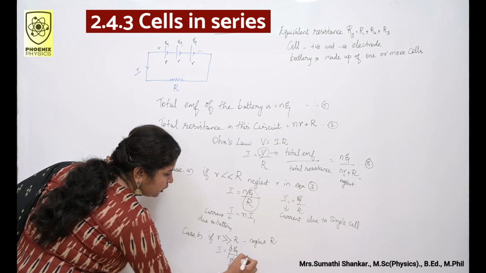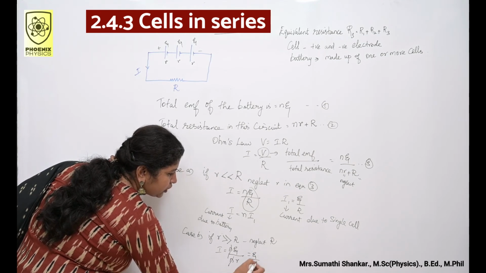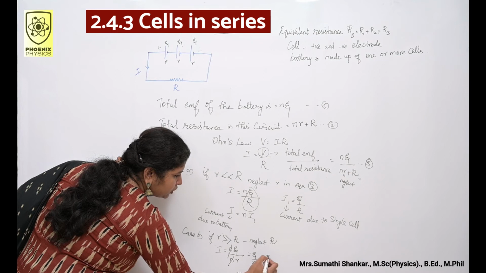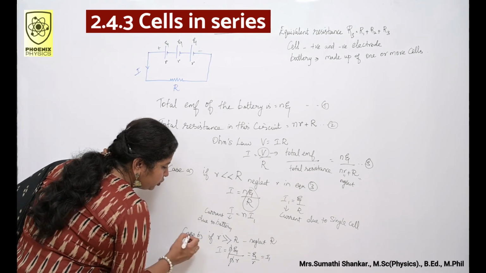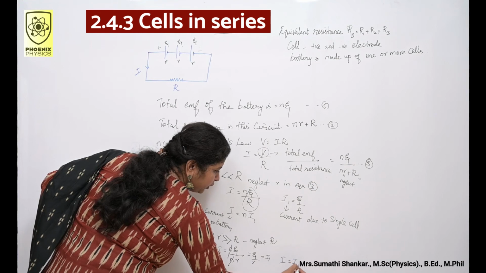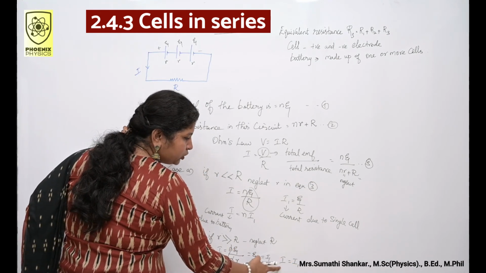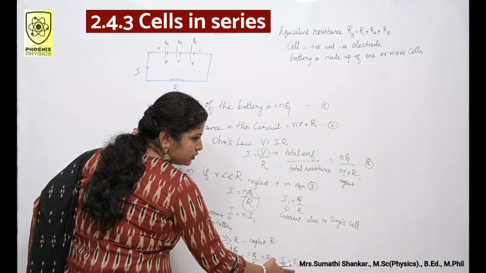Cancel this n, you get Xi by r. What is Xi by r? Xi by r is nothing but I1. So according to case B, you get I is equal to I1, which means the current due to the whole battery is equal to the current due to a single cell.